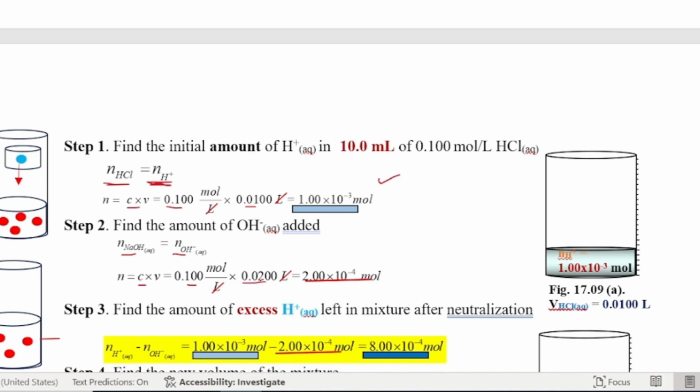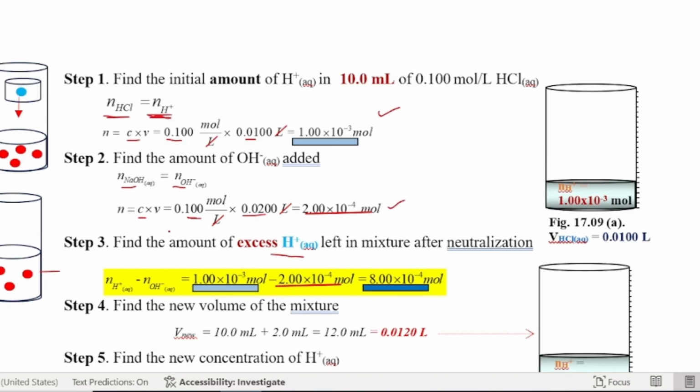That's the volume in liters. So you're now adding that number of moles of OH to this number of moles of hydrogen ions. So what's going to happen? This number of moles will neutralize exactly the same number of moles of hydrogen ions. So what we'll do is take this and subtract that from it. Okay? So that's what we'll do.